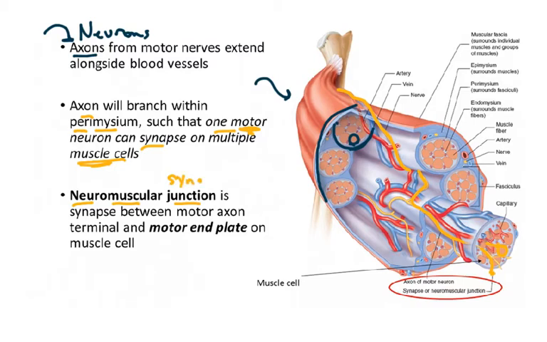We could have used the word synapse, which is where we've used everywhere else, but for muscles, it's called the neuromuscular junction instead of the neuromuscular synapse. And this location where the terminal of the motor axon meets the muscle is called a motor end plate on the muscle cell.